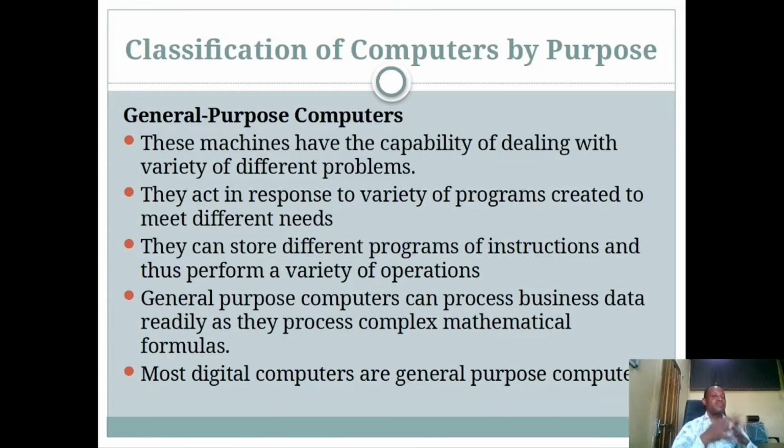Now let me give you an example of a general purpose system. Our digital computer systems, our laptops and desktop systems, are classified as general purpose computers. You know why? Because that computer system can be used in generating our electricity bill. It can be used by an engineer or an architect in developing his structural, building or engineering plan.